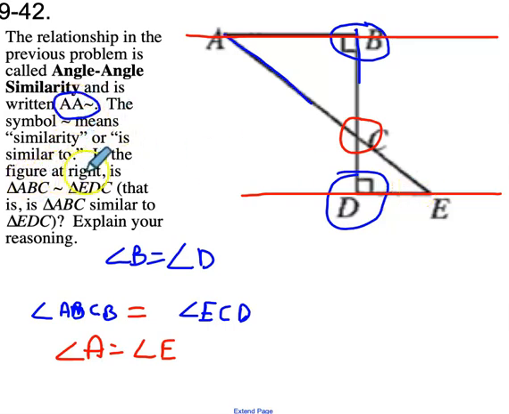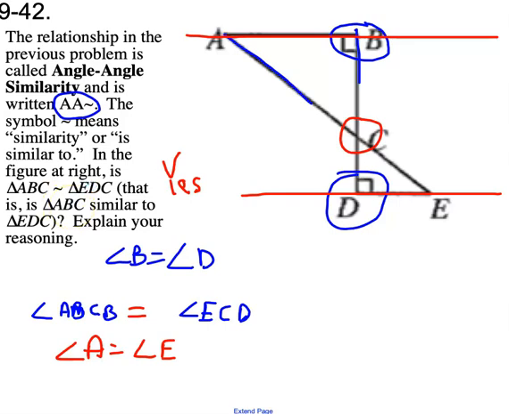So in this figure at the right, is triangle ABC similar to triangle EDC? I might have misspoken before saying it is. It's asking, is it? And the answer is yes. And you might be saying, well, how is it? Again, we prove that two sets of angles are equal, so the third one must be. Now, we don't know the measures of these two angles, but we can at least say that they're similar.